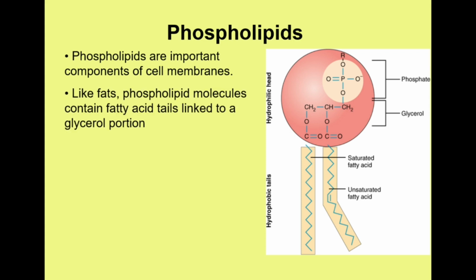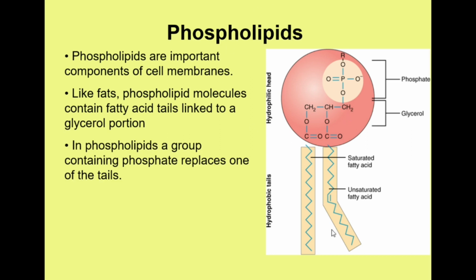And phospholipids are quite interesting because they share a lot of similarities with the triglycerides that we just looked at. So like fats, and so the triglycerides, phospholipid molecules contain fatty acid tails linked to a glycerol molecule. So if we look at the diagram here on the right hand side, what we can see is this section here that I'm highlighting is a glycerol molecule.